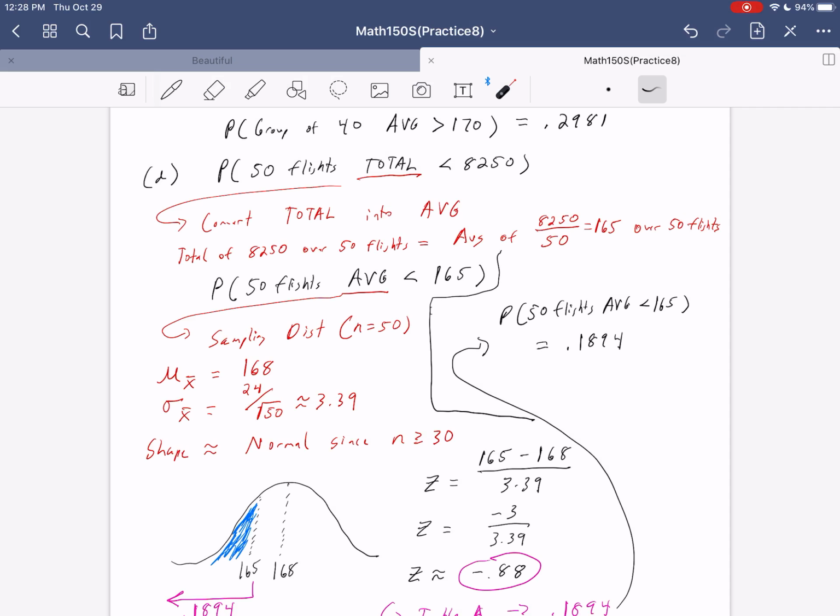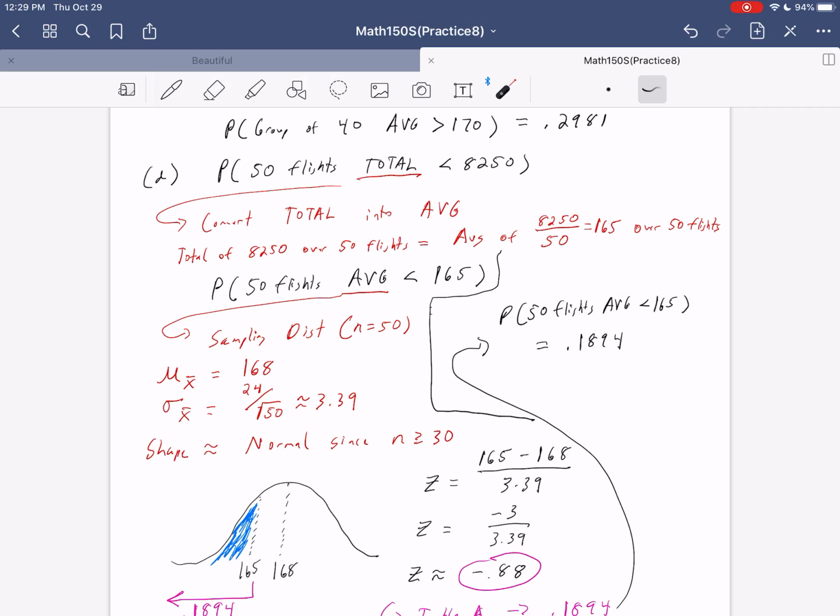Whereas here, we weren't asked any questions about the individuals because the population was not normally distributed. So the only thing that our analysis would work on were groups having a particular average or groups having a particular total.